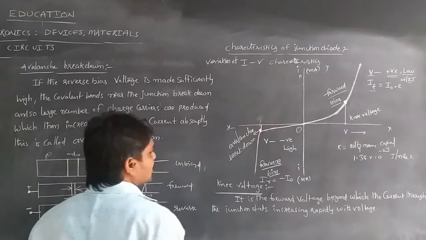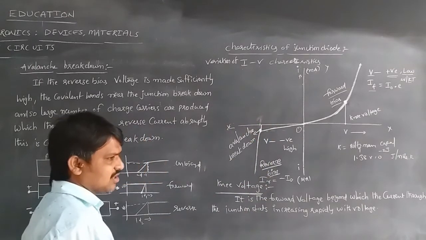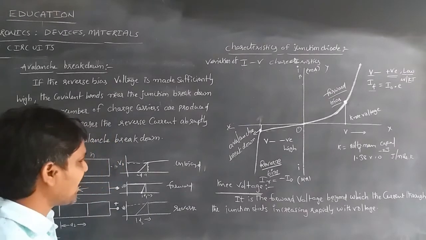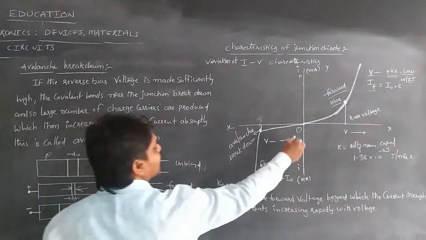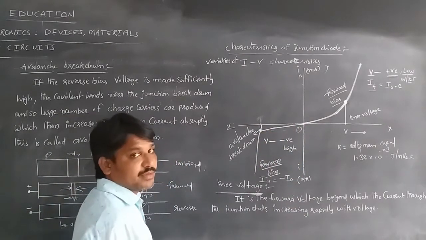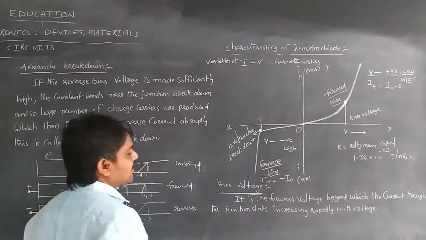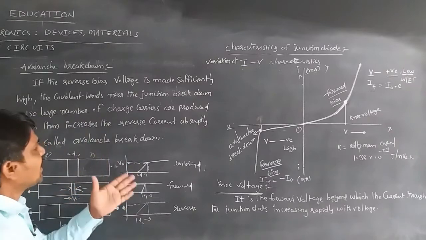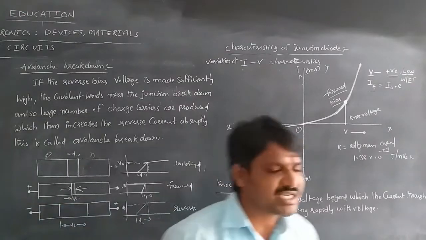This is the avalanche voltage, or the Zener voltage, also called the breakdown voltage in reverse bias. After this the voltage is negative and the potential is high in reverse bias.